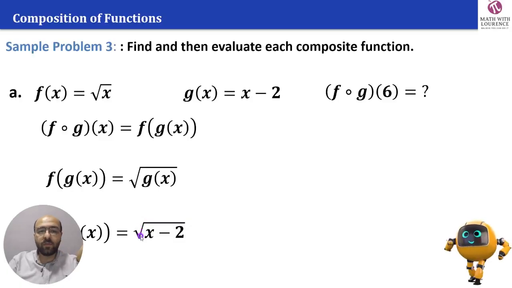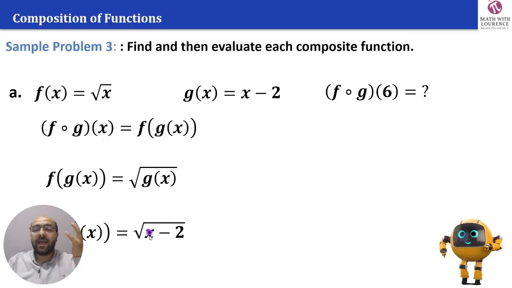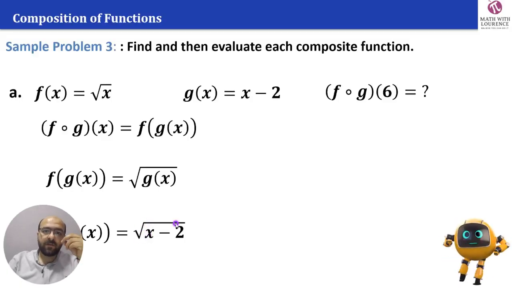What is the domain of x minus 2 under the root? This is a good question. When I have any square root, I ask myself the first question: is there any square root for a negative number in the real numbers? Root of negative 1, I don't have.